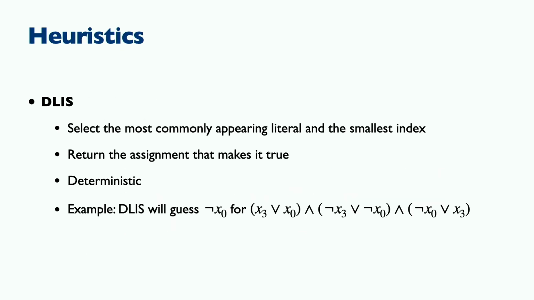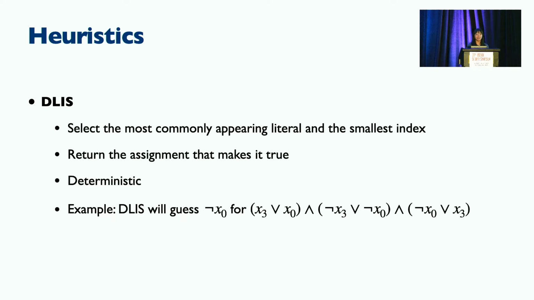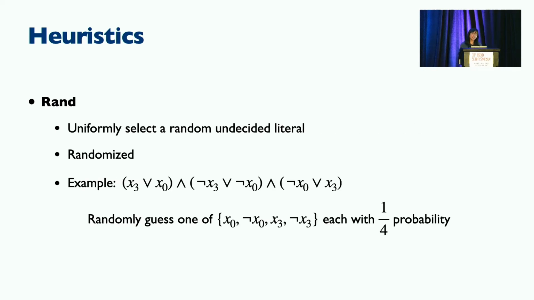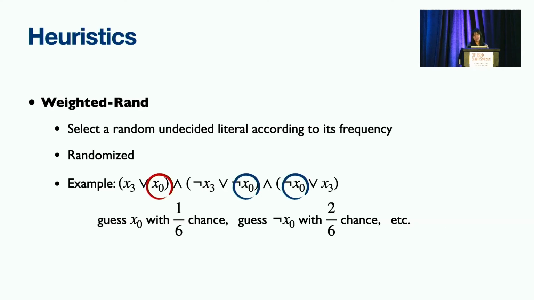For our ppSAT solver, we provide 3 heuristics. The first one is a deterministic one. It's called DRIS. It will select the most commonly appearing literal with the smallest index. The second one is a randomized heuristic. It will uniformly select a random undecided literal. And the last one is a weighted random heuristic.